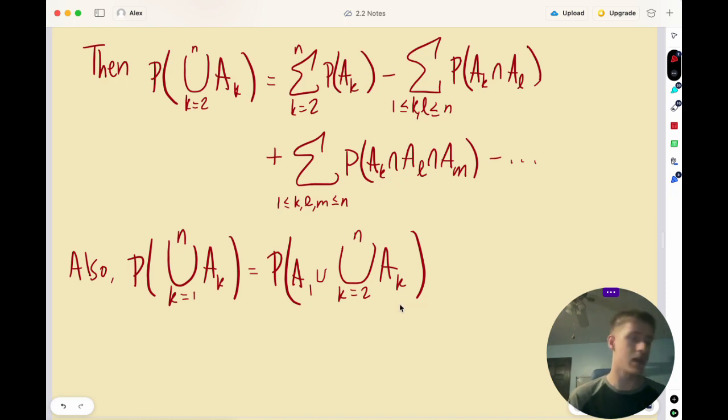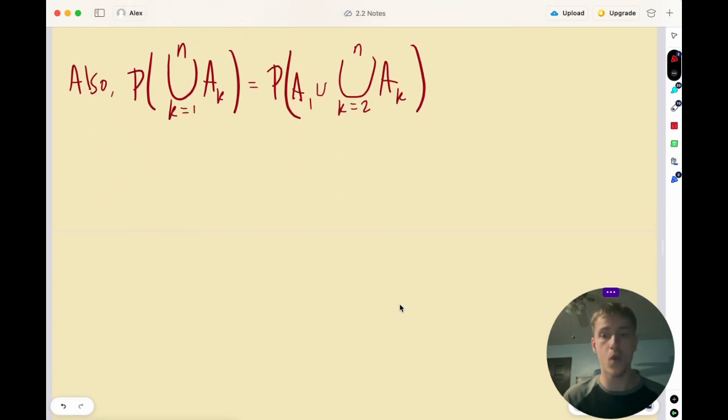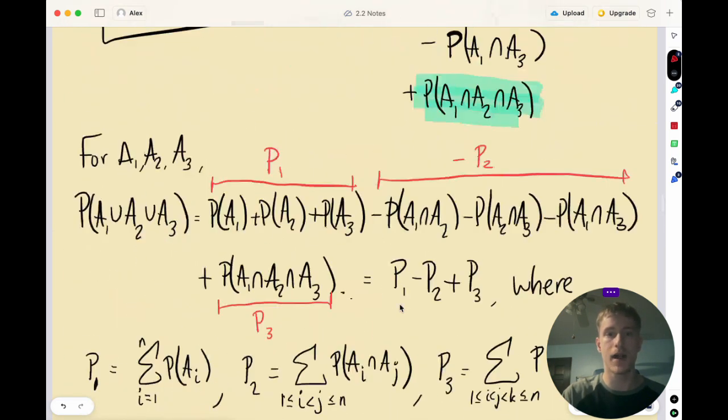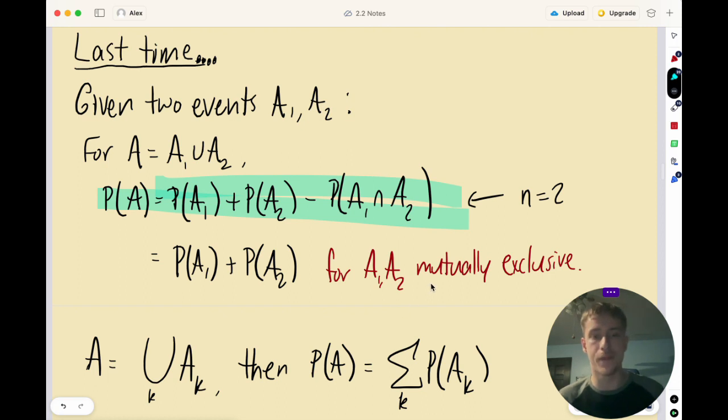Now remember, by, I believe it was theorem 2.1, we have a formula for this. I can scroll back up and show you the formula. It was this. We're going to use that.